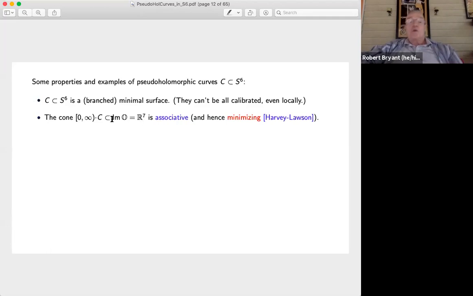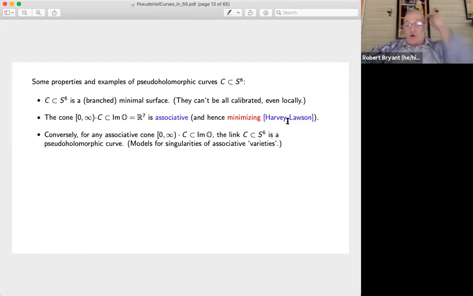However, the cone on such a curve is associative, and therefore, as Harvey and Lawson showed, is actually minimizing. So the cones are minimizing, and the interesting question is, what can you say about the structure of the singularities of associative things? Well, if you blow up and look at a tangent cone, then that tangent cone is a cone on a pseudo-holomorphic curve in S^6.